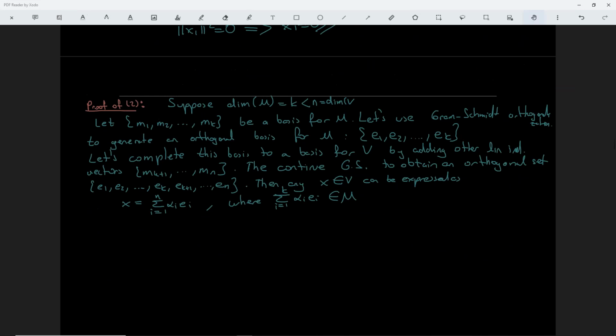So what I did was that I started with the basis set for our subspace, and then I made the orthogonalization of that basis set to obtain an orthogonal basis for that subspace.